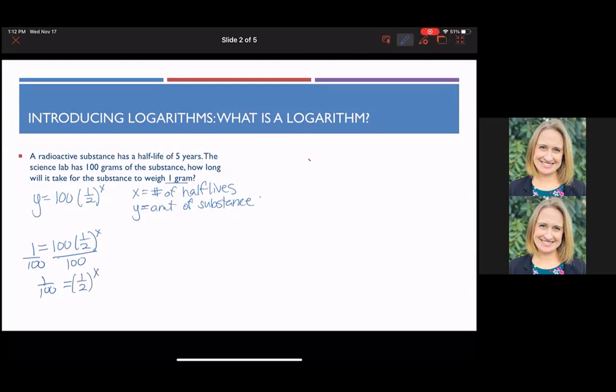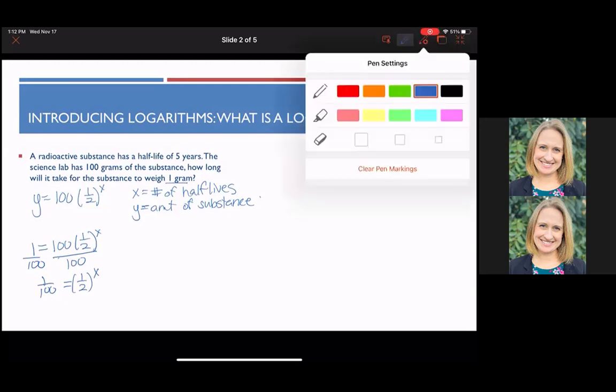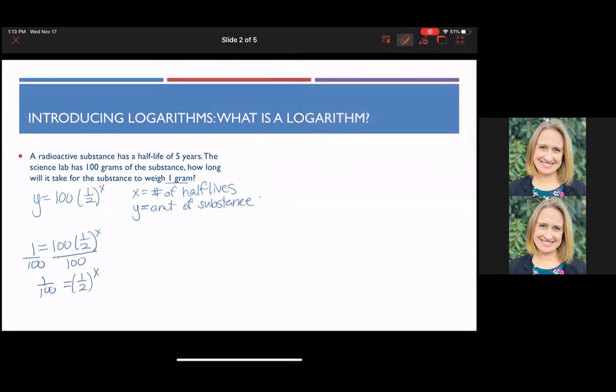So this is that new idea of, okay, this is where the logarithm comes in. Let me see, so I'm going to write 1 over 100 equals 1/2 to the x. But just as before, I want to undo this exponent here.